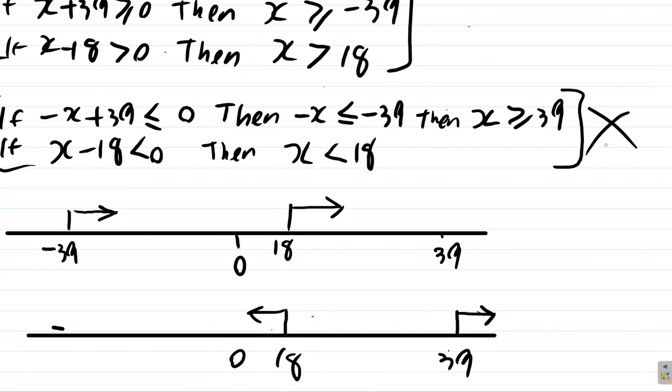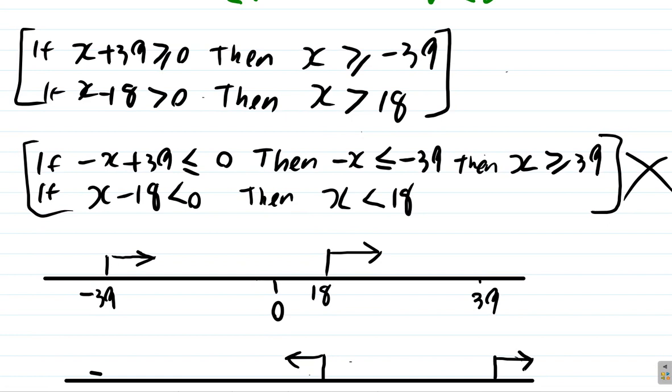Now, we are saying here that x can be greater than or equal to negative 39, and greater than 18. So, let's check out what the situation could be.